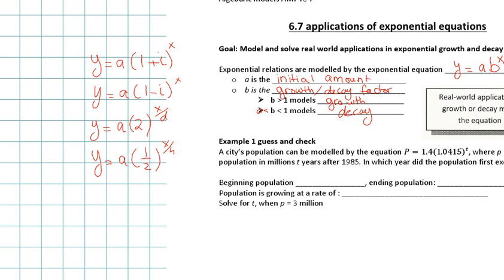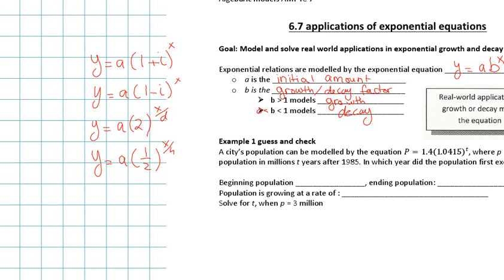So let's say you have carbon-14, and its half-life is 1,000 years. So every 1,000 years, it's going to lose half of its value. Then the h value is 1,000. Okay? Because you're losing half of it every 1,000 years. We're going to do some of these examples.